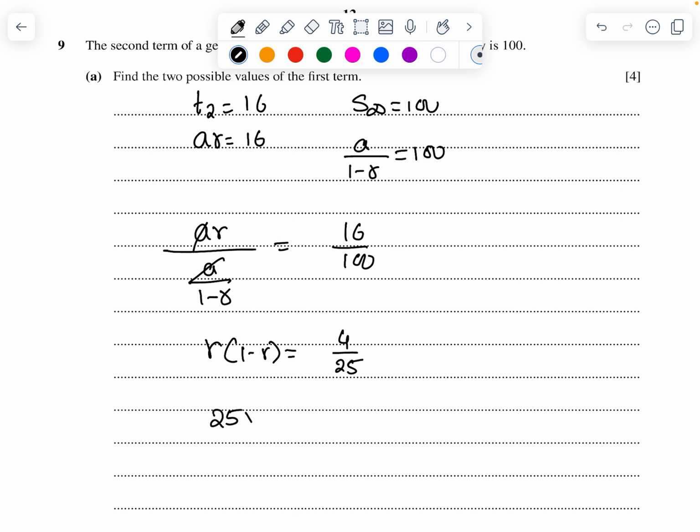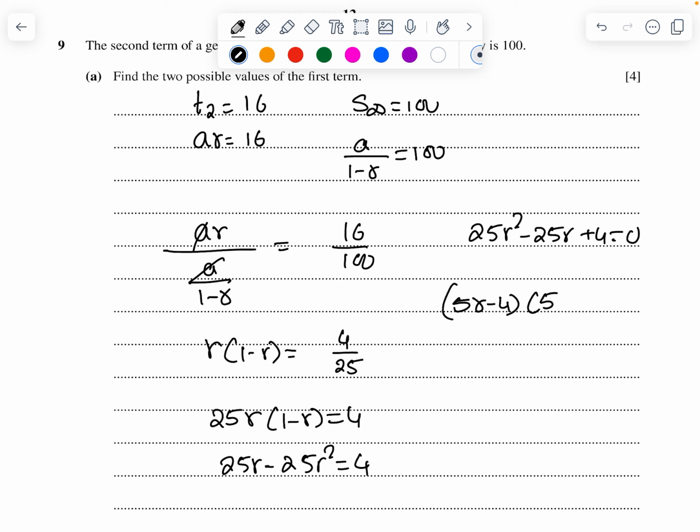Cross multiply: 25R times 1 minus R equals 4. So 25R minus 25R square equals 4. So it becomes 25R square minus 25R plus 4 equals 0. Then factorize: 5R minus 4 times 5R minus 1 equals 0.